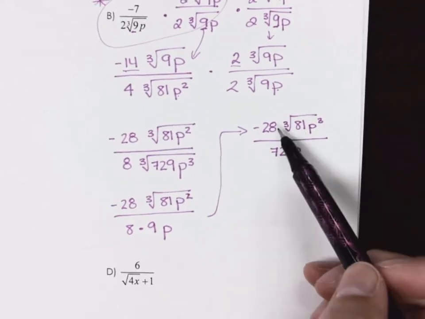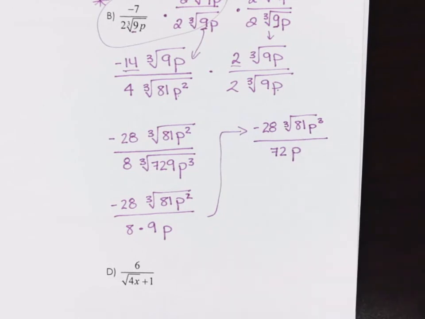Can I reduce 28 and 72? I know I can definitely take 2 out of both of them, right? Because they end in an even number. Can I take 4?